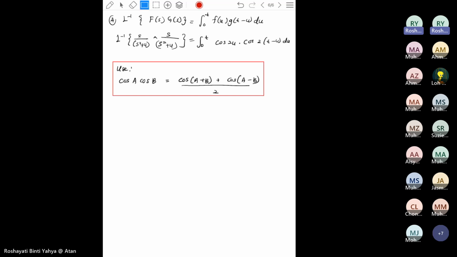So kita continue. Cos A, cos B. Here, step number 5.